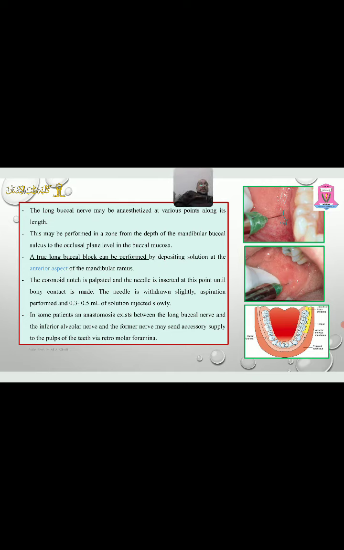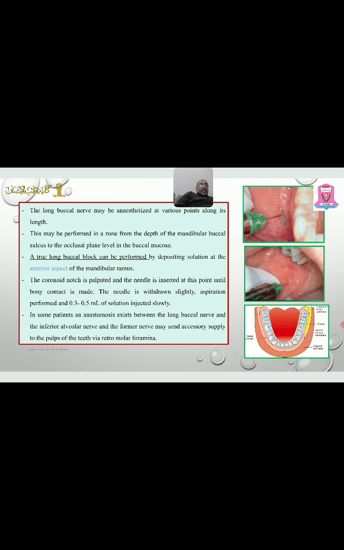The coronoid notch is palpated and the needle is inserted at this point until bony contact is made. The needle is withdrawn slightly, aspiration performed, and 0.3 to 0.5 milliliter of solution is injected slowly.